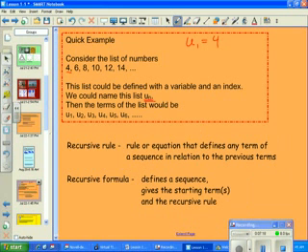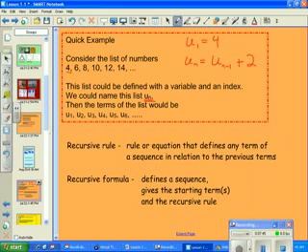To find any general term, our general term is u sub n, I'm going to take the term that comes before it. To get the 6, we took 4 and added 2. So the term that comes before this general term is u sub n minus 1. And what are we doing to that term that comes before? We are adding 2 to it.